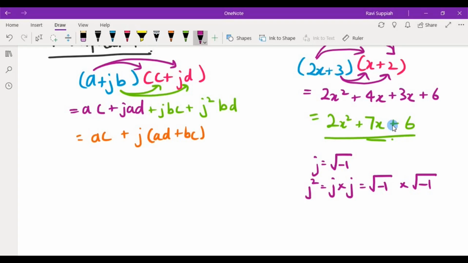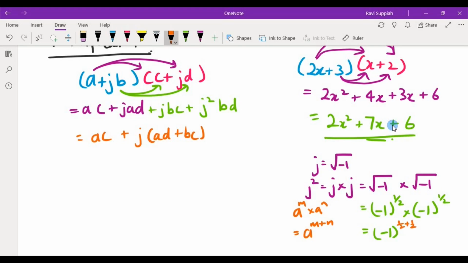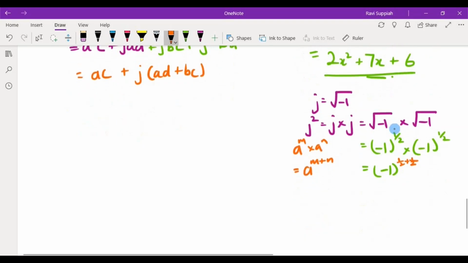Now we're going to apply the indices approach here, where the square root of minus 1 is minus 1 to the power of half, multiplied by minus 1 to the power of half. By the indices rule, we can add the powers together. Why? Because the indices rule says that a^m times a^n equals a^(m+n). So here I have half plus half, and that would give me minus 1 to the power of 1, which is minus 1.